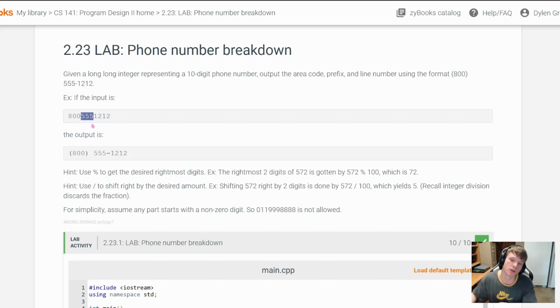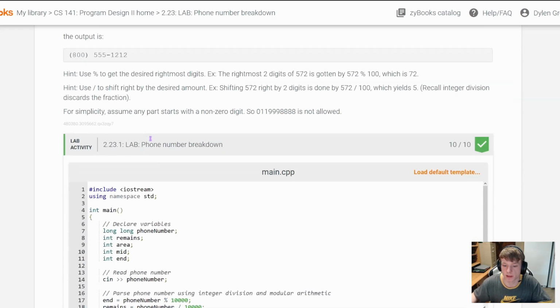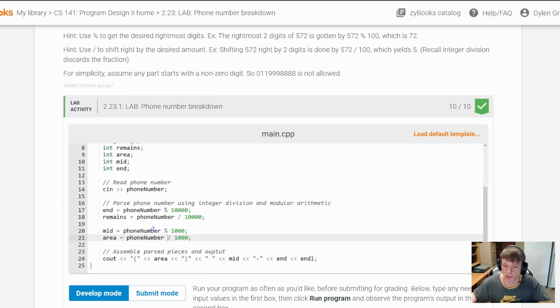So 800,555, the closest multiple of 1,000 is 800,000. So then when you subtract that from this quantity, the remainder is 555. So that's what we get when we store it in mid here.